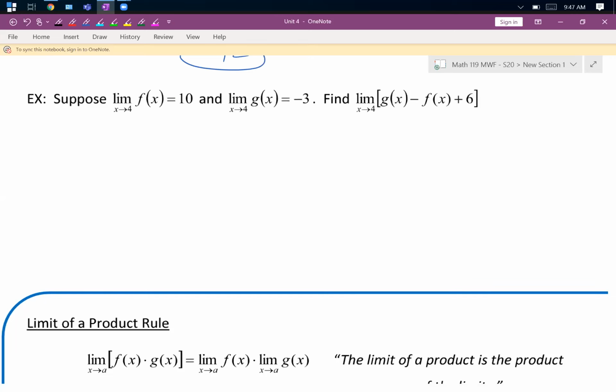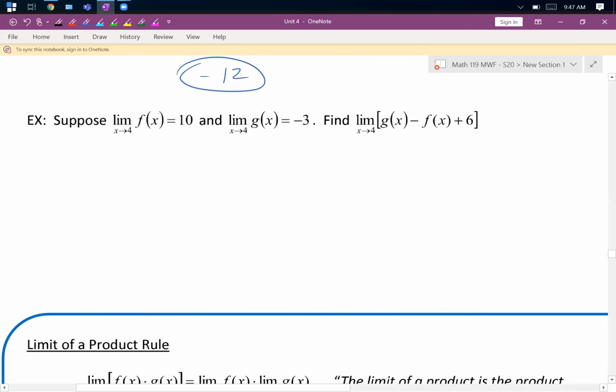So let's suppose that the limit as x approaches 4 of f of x equals 10, and the limit as x approaches 4 of g of x equals -3. We want to find the limit as x approaches 4 of g of x minus f of x plus 6. We're going to start with these sum and difference rules for our limits, and I'm basically distributing in my limit to each of those.